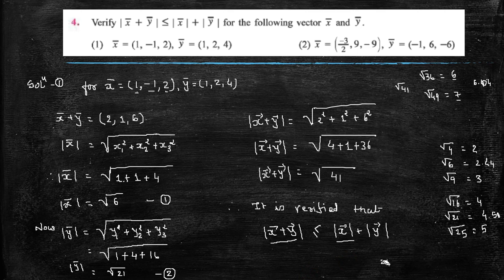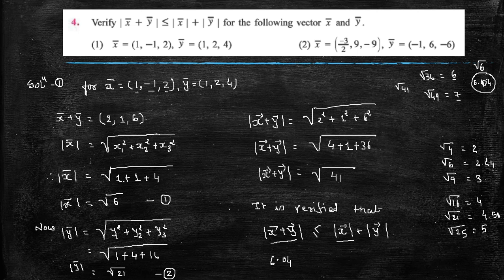So we are now removing this irrational value and writing it in real numbers. So this is the value of root 41, 6.04.